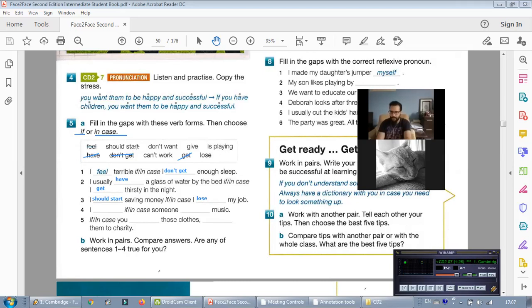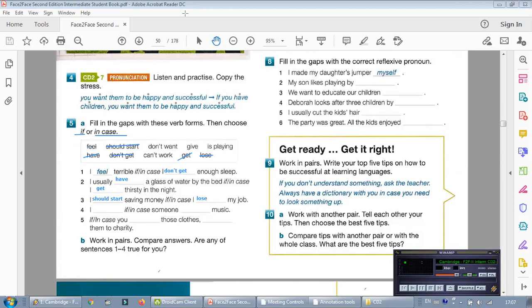So let's cross out should start and let's cross out lose. I can't work. Someone is playing music. Okay, let's write that.